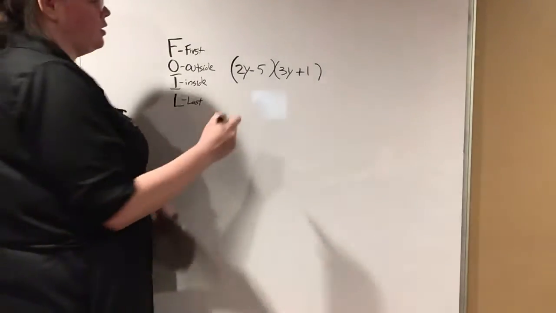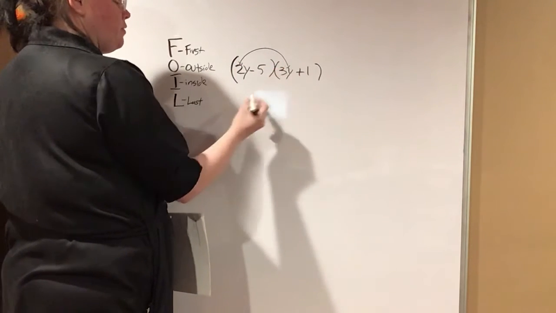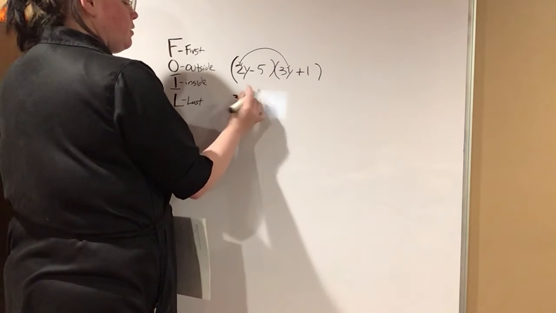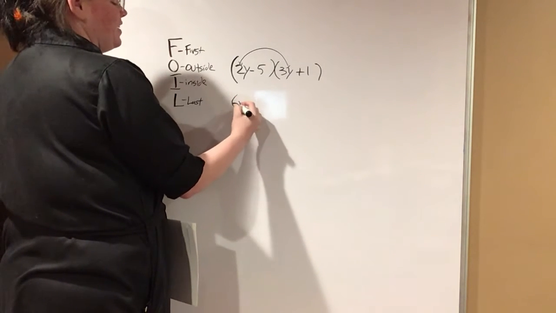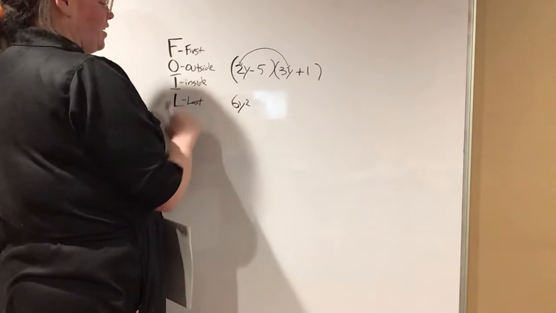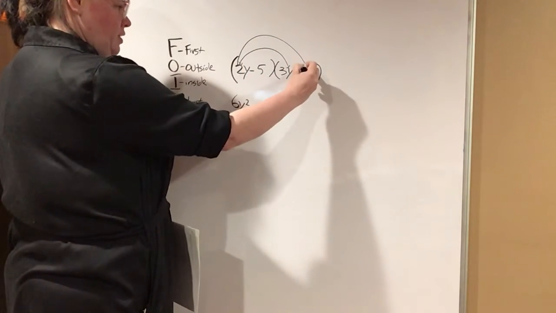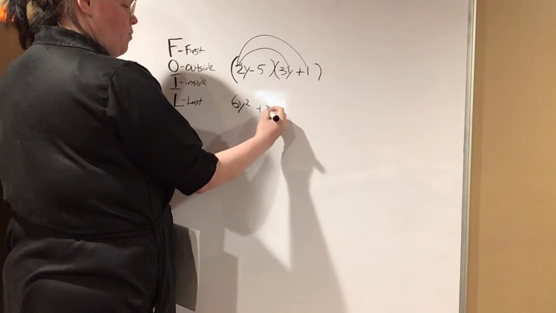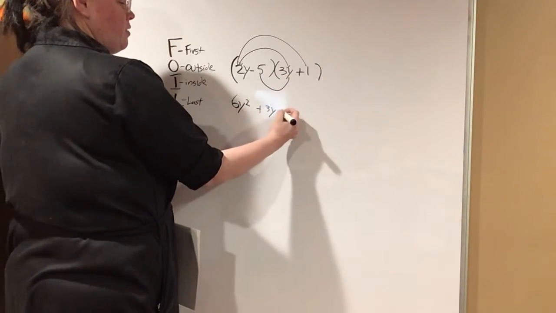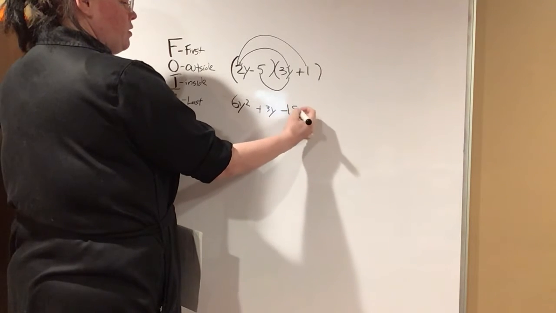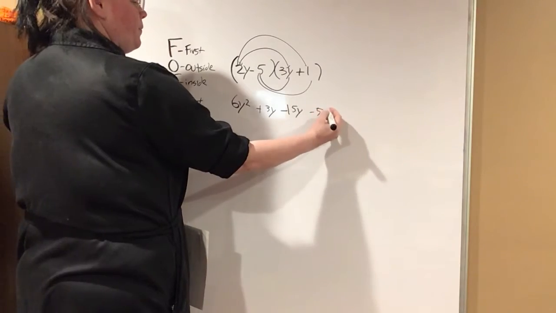We start by multiplying the first terms, so these two and these two, and we get 6y squared. Then we do the outside, so this one and this one, plus 3y, and then the inside, minus 15y, and then the last one is minus 5, not minus 5y.